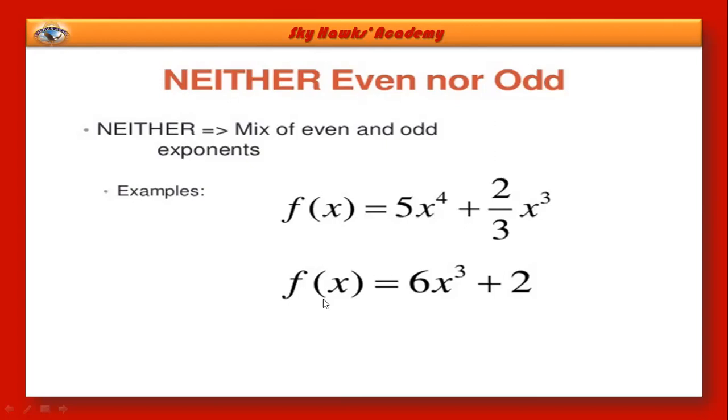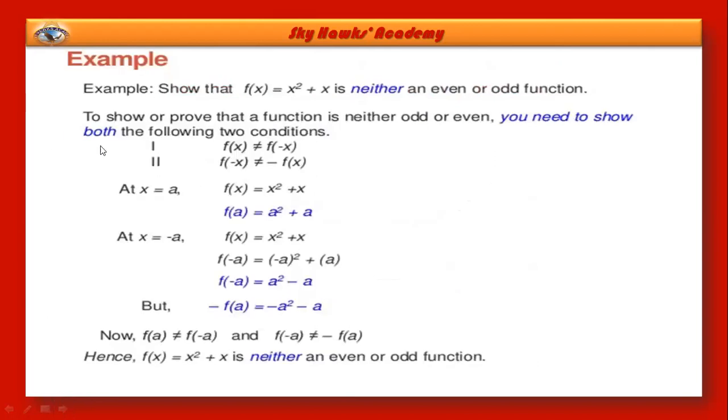And the second example is 6x cube plus 2. If you replace x with the positive and the negative, nothing matches. The values of the functions are totally different. You are not getting the same values. So these types of functions are called neither even nor odd because they do not satisfy the definition of even and odd.